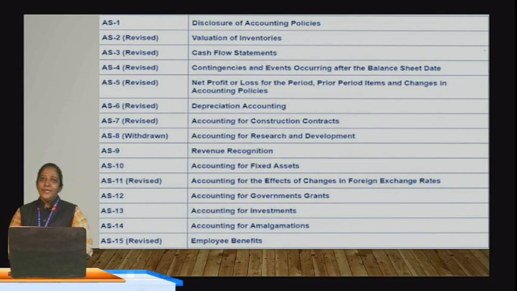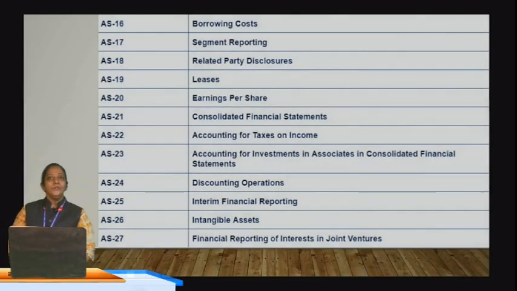So these are the various accounting standards, and in detail there are other accounting standards also. AS16 relates to the borrowing cost, 17 relates to segment reporting, 18 relates to related party transactions or disclosures, such as we have different parties like creditors, bankers, institutions and all. 19 is related to lease financing, 20 is related to earnings per share, 21 is related to consolidated financial statements.